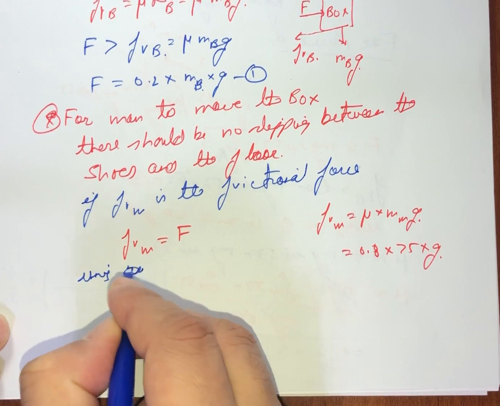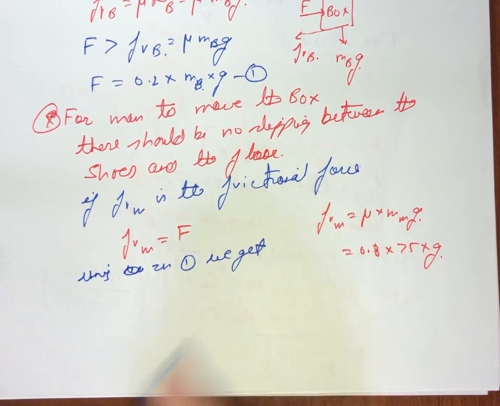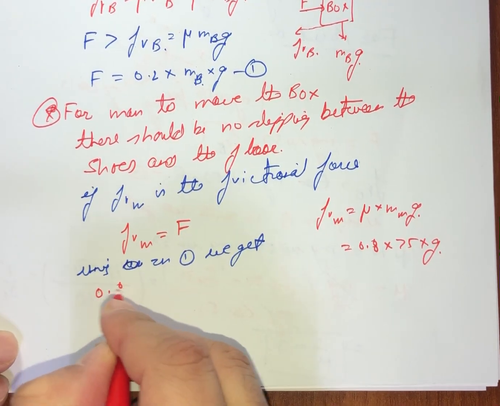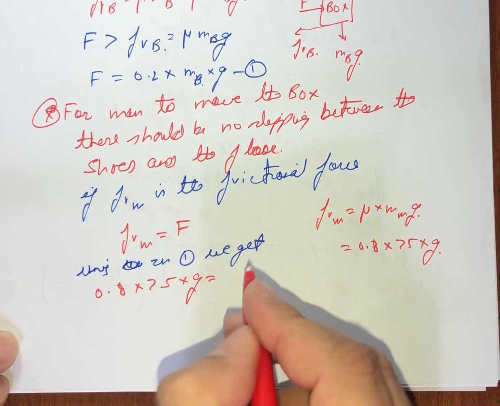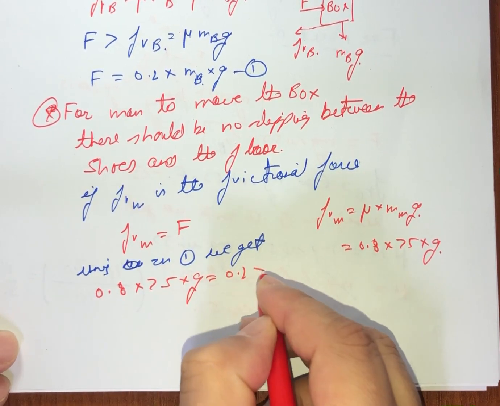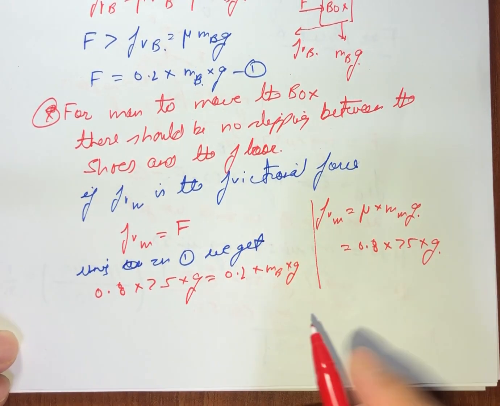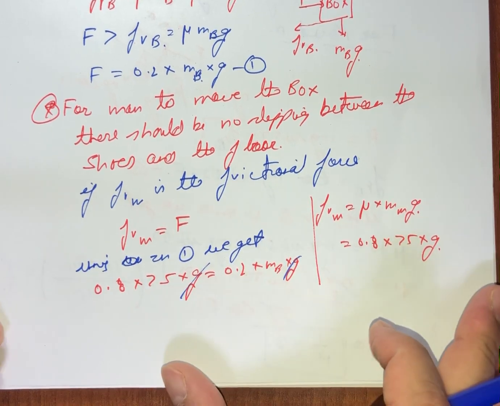Using equation 1, we get 0.8 multiplied by 75 multiplied by g is equal to 0.2 MB multiplied by g. So g cancels out.